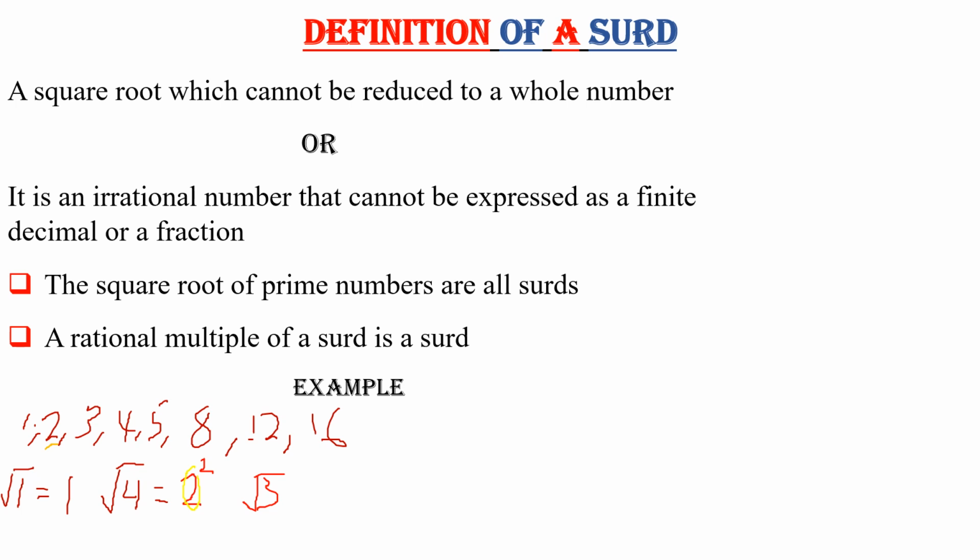What whole number can we square in order to get 3? That is difficult to do, right? Therefore, the square root of 3 will remain as the square root of 3, or is going to give us an infinite decimal. Therefore, the second definition comes in: it is an irrational number that cannot be expressed as a finite decimal or a fraction.